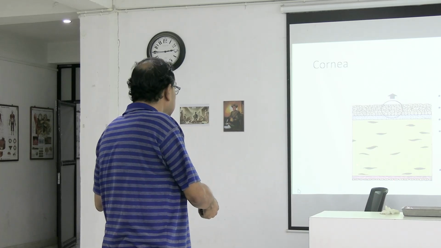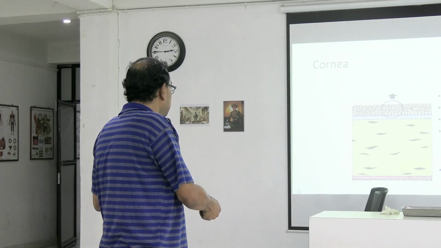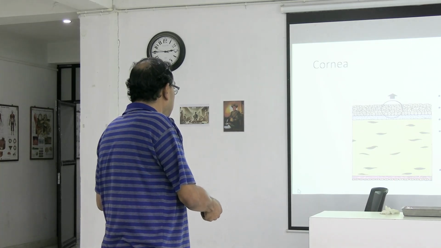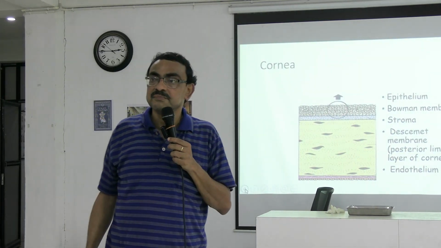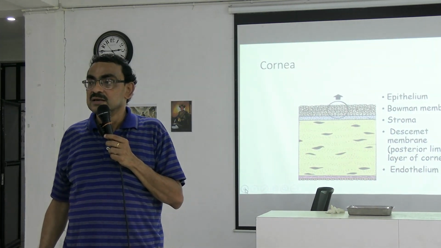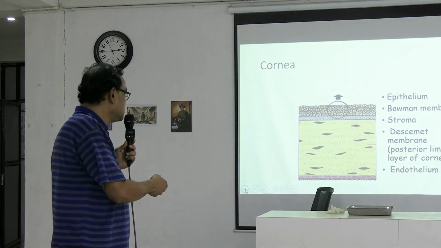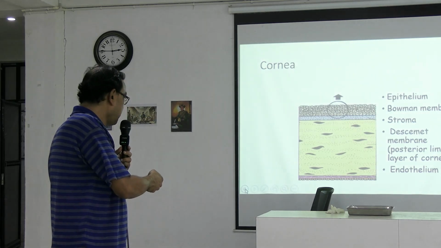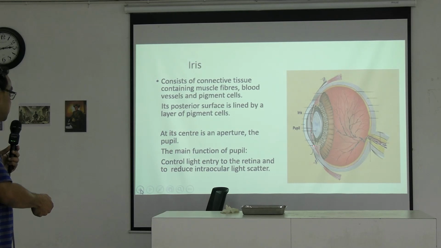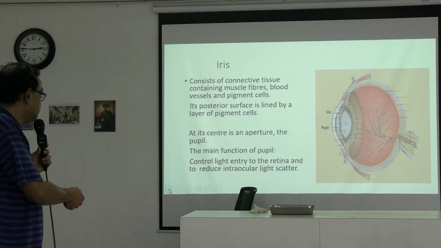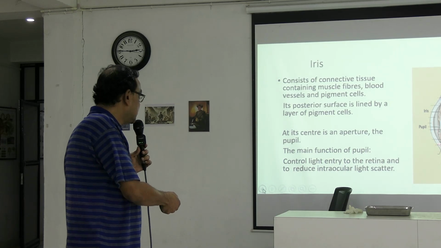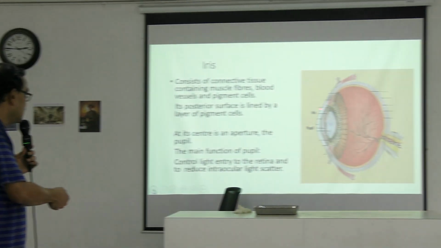And this layer is unique because if we concentrate on this figure, this is the iris and this is the cornea. The most interior layer is the endothelium. Before that, we are getting the Descemet's membrane.